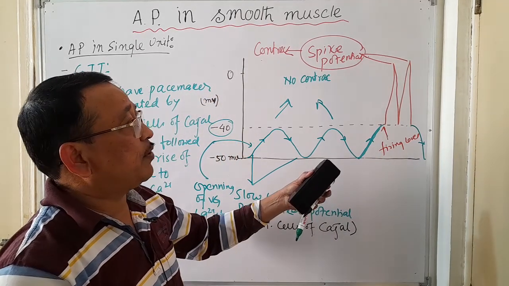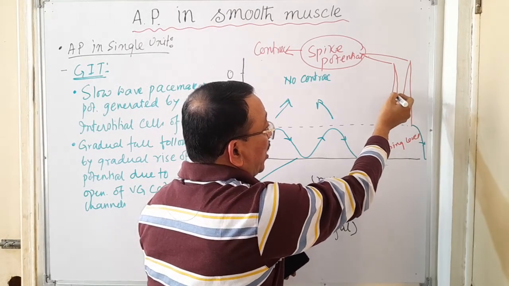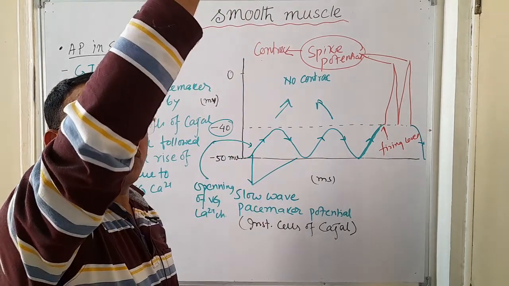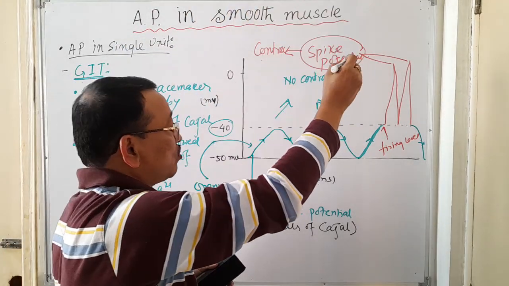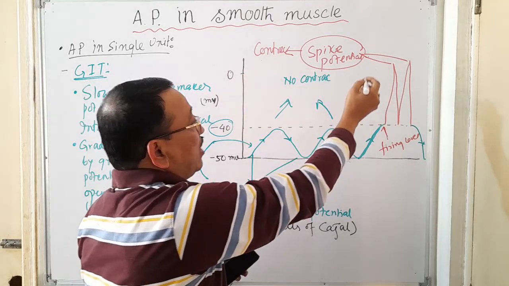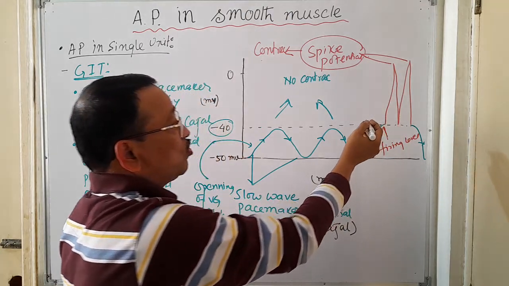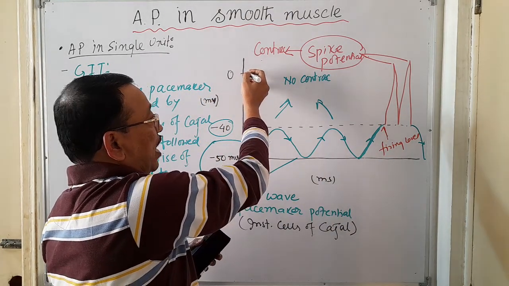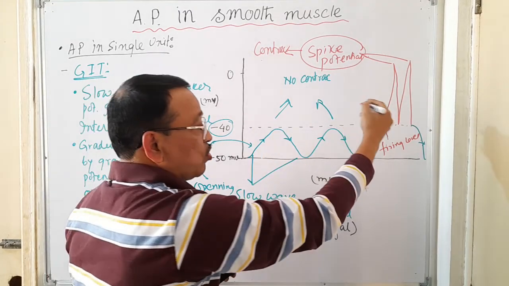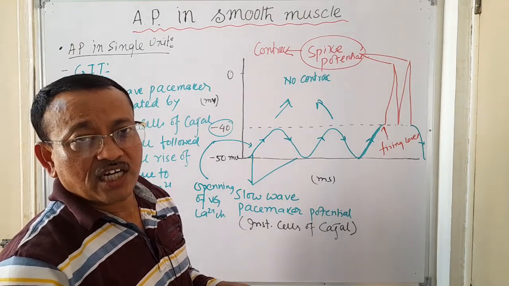And this spike potential has a depolarization phase and a repolarization phase, a rapid rise of inside electropositivity from -40 to 0, followed by rapid fall of electropositivity from 0 to -40, and thereby the slow wave pacemaker potential will take charge.